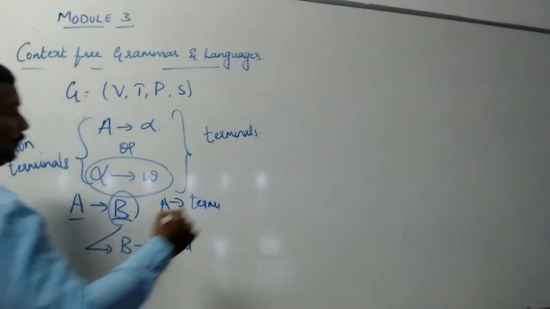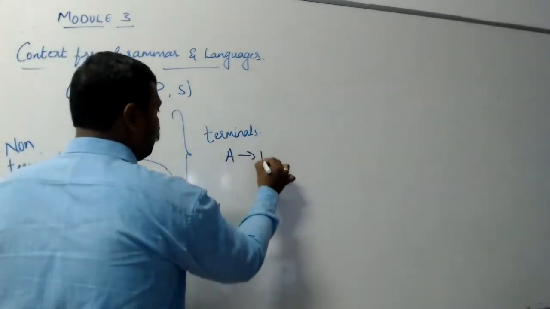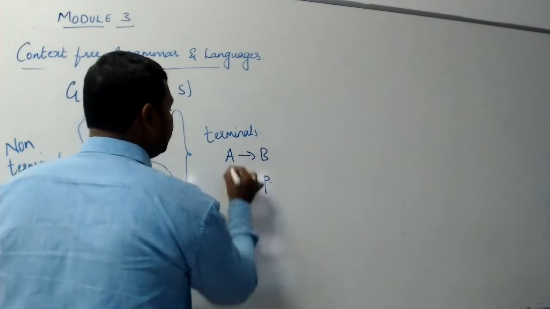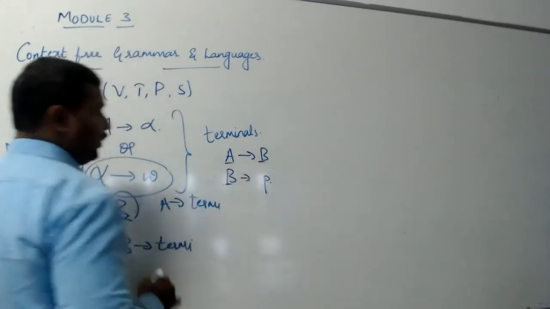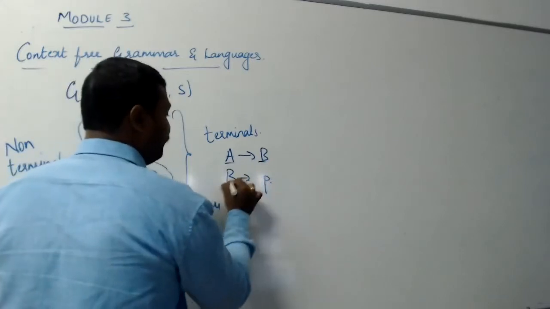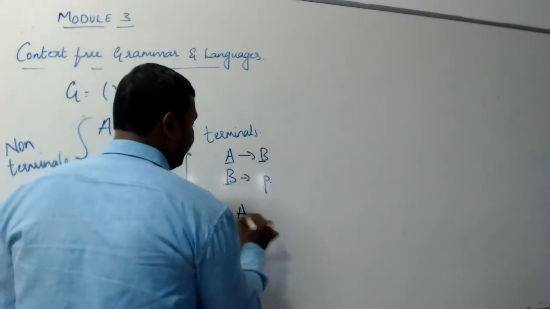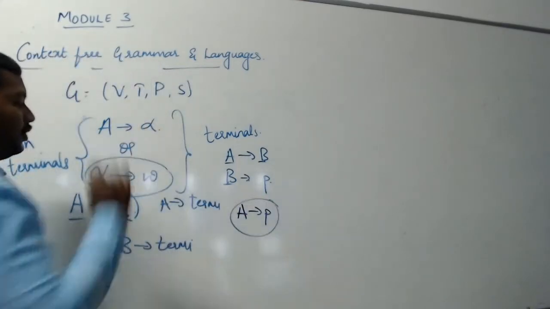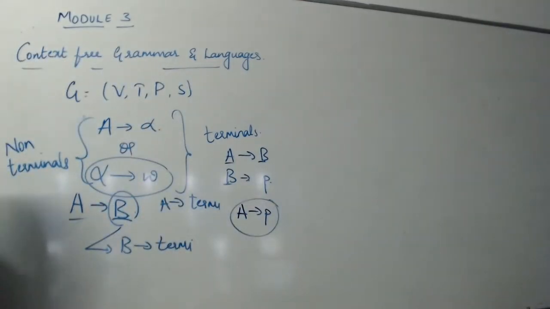For example, A tends to B and B tends to P. So A and B are non-terminals, whereas when you derive B tends to P, even A tends to P. This becomes of the form A tends to alpha or alpha tends to W. So any type of production in the form A tends to alpha or alpha tends to W will become your context-free grammar.